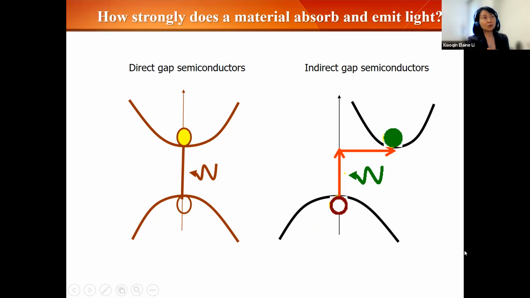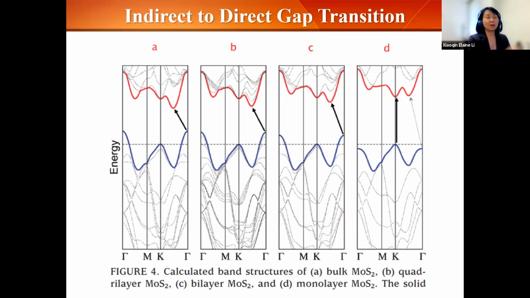If you have an indirect gap semiconductor, meaning the bottom of the conduction band happens at a different place in the Brillouin zone compared to the top of the valence band, this transition needs assistance from another quasi-particle to provide the momentum, oftentimes a phonon, and that process becomes much more inefficient. This is the reason why moving from bulk to mono, even from bilayer to monolayer in TMD, made a huge difference in its optical transition.